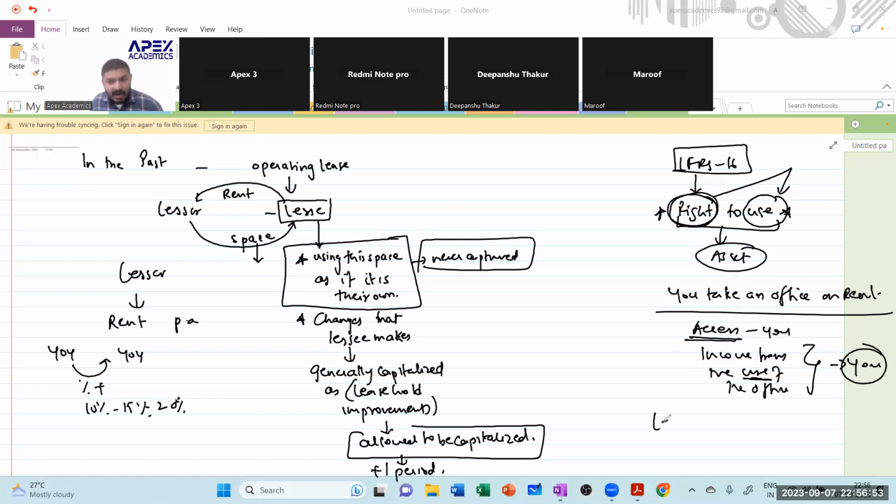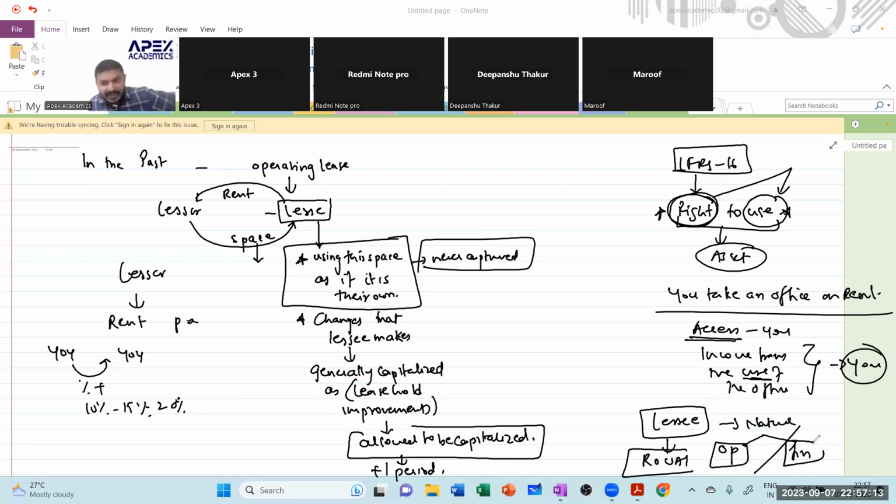So the lessee now, irrespective of the nature of the lease, now leases are of two types, operating lease and financial lease. Irrespective of the nature of the lease, the lessee is required now to capitalize a right of use asset. So the distinction between an operating lease and a financing lease has vanished in the books of the lessee.